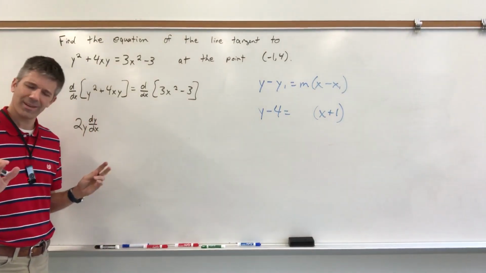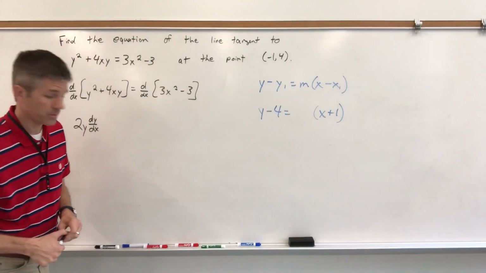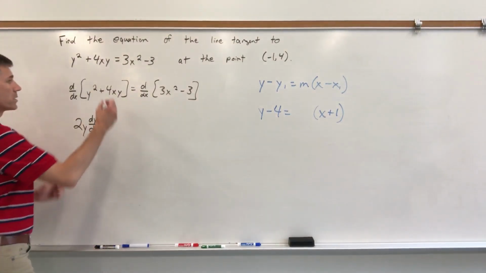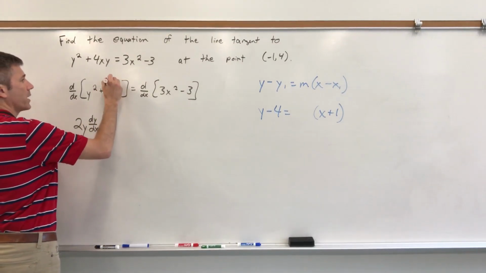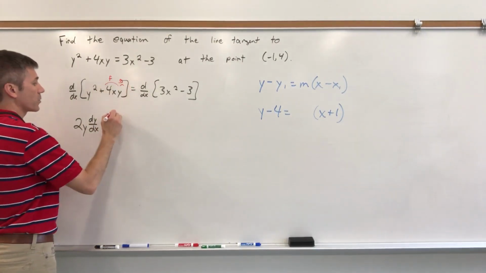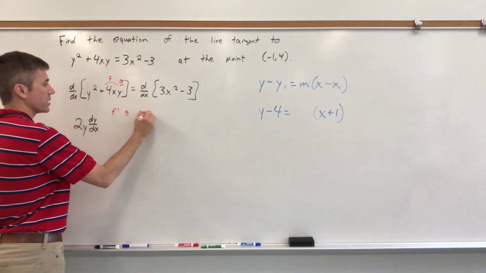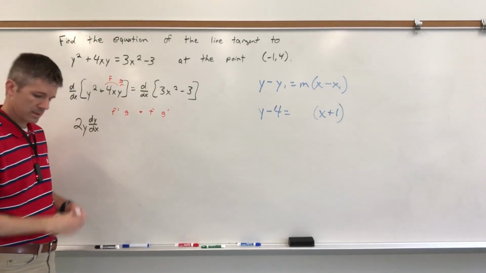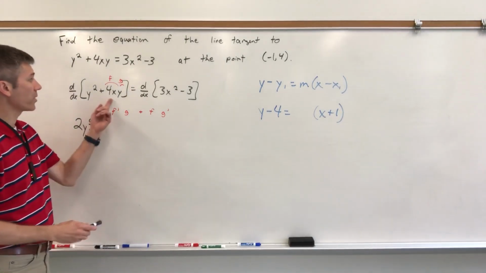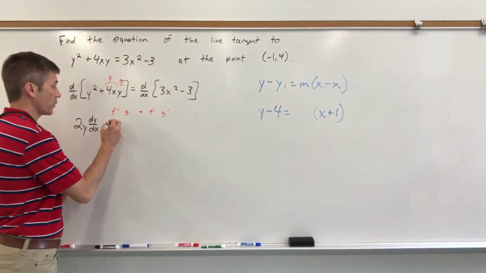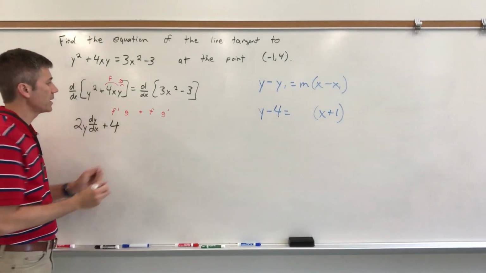And then we're going to take the derivative of 4xy. Okay, product rule. We're going to have to use the product rule on this one. And the product rule will involve letting 4x be f and y be g. And we're going to do f prime g plus f g prime. F prime, the derivative of 4x with respect to x is 4. Times g.